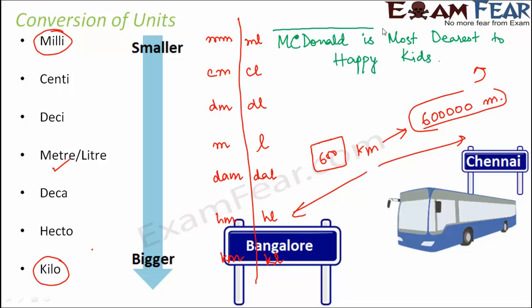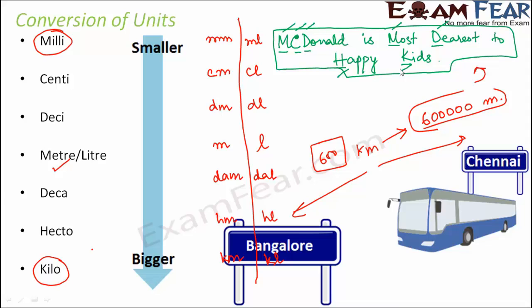Now, do you think that this is an easier sentence for you to remember? Yes, I think so, because McDonald's is a favorite to a lot of you. If you remember this sentence, it is like McDonald, MCD, is the most dearest to happy kids. So here M is for milli, centi, deci, meter, deca, hecto, kilo.